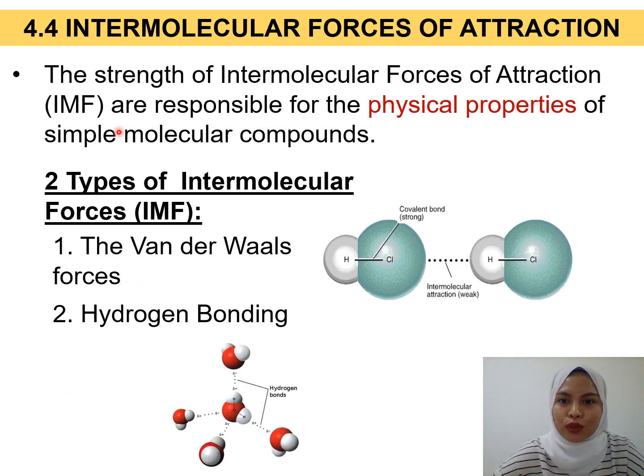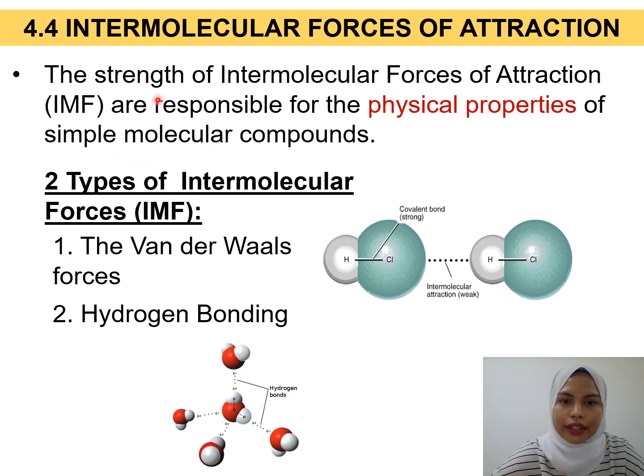Tadi Miss ada bagi perumpamaan yang IMF ni kita boleh bayangkan dia sebagai tali yang mengikat molekul ni bersama, okay, di dalam sebuah compound. Sebab tali ikatan tu actually ada kekuatan dan ada kelemahan dia mengikut jenis-jenis IMF tersebut lah.